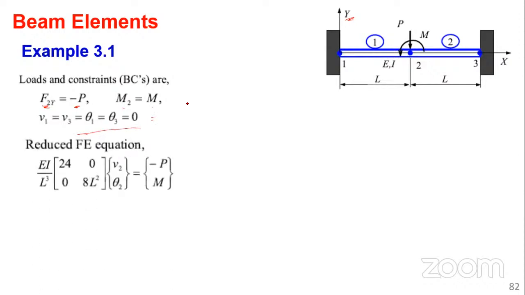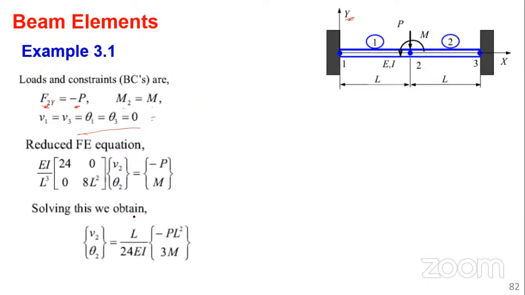Okay. And with this now, it's very simple. It's a simple algebraic equation, a simultaneous algebraic equation that you can solve very quickly. So you solve that. And I hope by now you have done proper practice on the solution of simultaneous equations using the matrix method. How to get the inverse of this matrix so that on this side you are only left with the V's and the thetas, the degrees of freedom, V2 and theta 2, which is equal to like this.